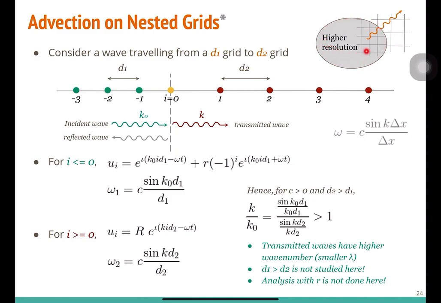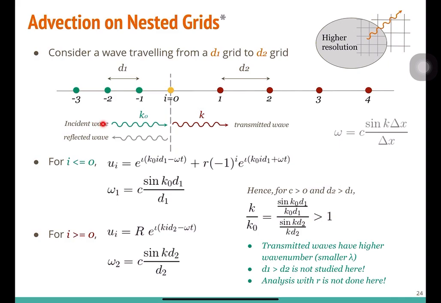So I want to study if we have some signal oscillating in the higher resolution nested grid, and it's attempting to go through the wall and into the lower resolution model.